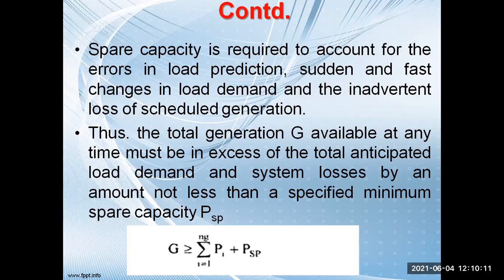So let us say, for example, your connected load is 10 megawatt. So what should be your generation? This is an example, it's not the actual data. So let us say you are generating 11 megawatt. That means 1 megawatt you are keeping as the reserve for the system. See, in the electrical system, we cannot predict when the fault will come, because a fault can appear at any point of time.